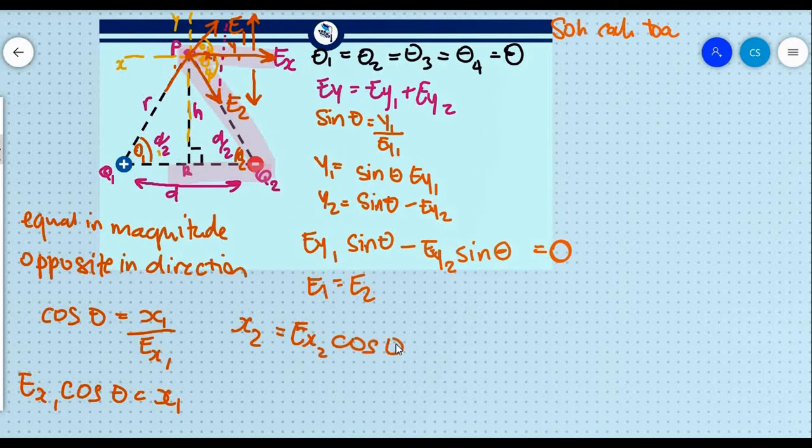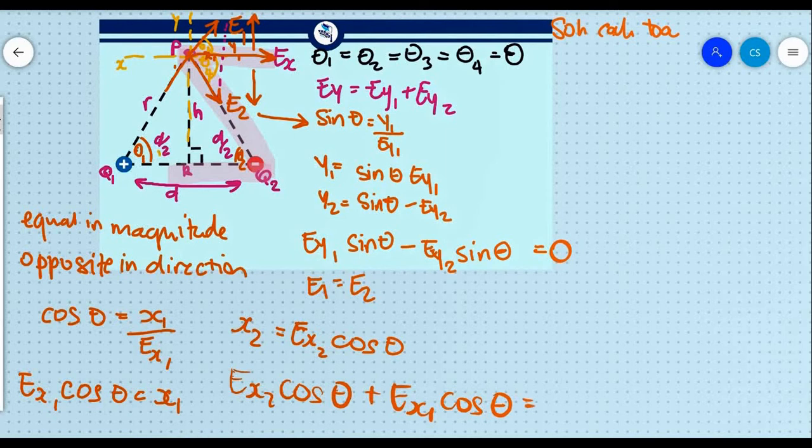That would be equal to EX2 cosine theta. And seeing that they both act in the direction towards the right, then we don't have to switch any signs. So it would be EX2 cosine theta plus EX1 cosine theta is equal to something.